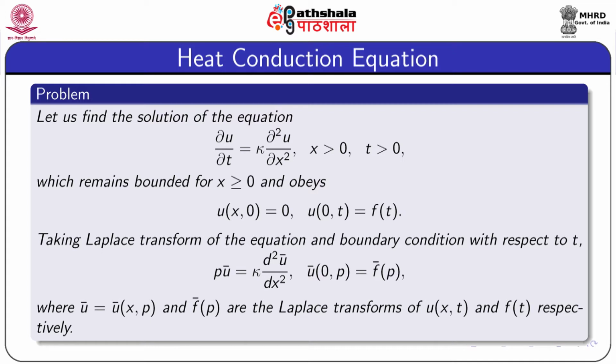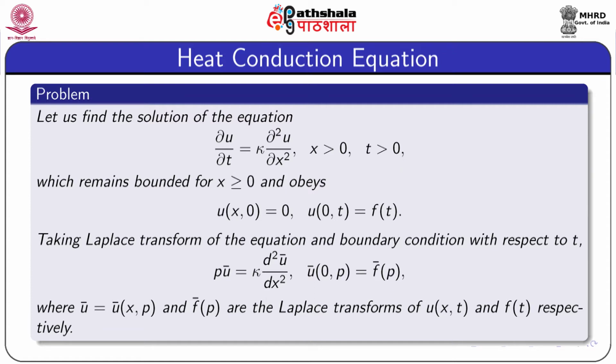The heat equation in Cartesian coordinate system is given by del u del t equals kappa del 2u del x square, where x is greater than 0 and t is greater than 0.